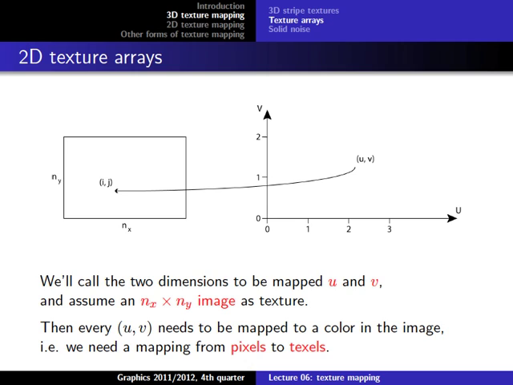So what we have here is the space in which our object is defined, our 3D object, or in this case 2D because we're ignoring the third coordinate. And here we have our texture. What we need is to map a pixel from our coordinate space, which in relation to texturing is often called the UV space, to a point on a texture, which is often called a texel in relation to pixel.